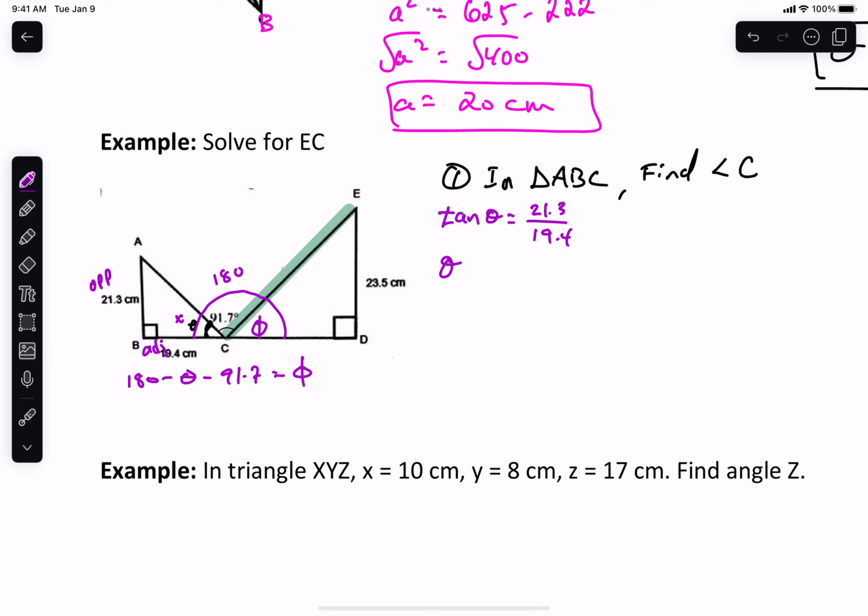And so theta is going to be tan inverse of those numbers. So theta should be 47.7 degrees.